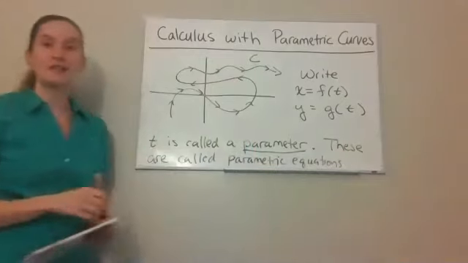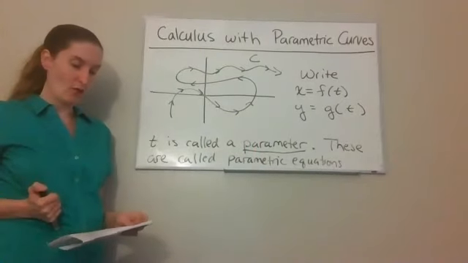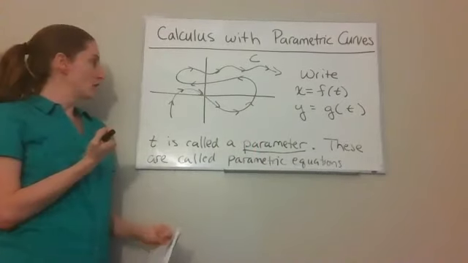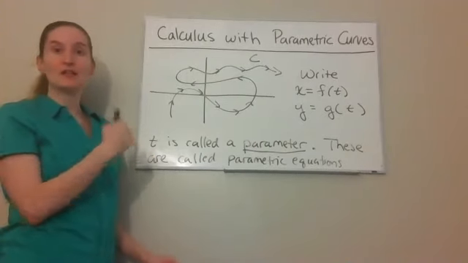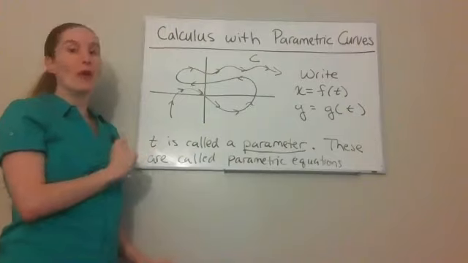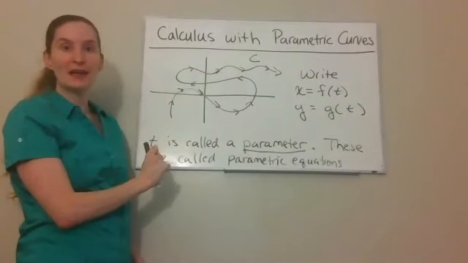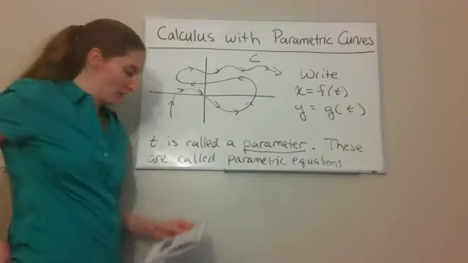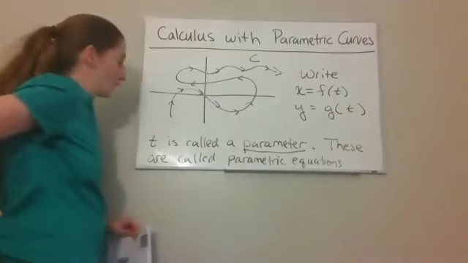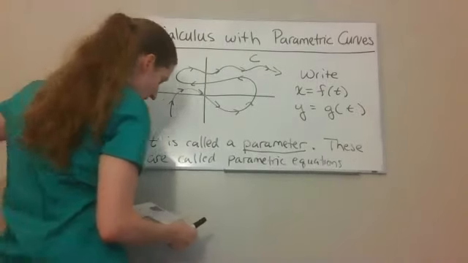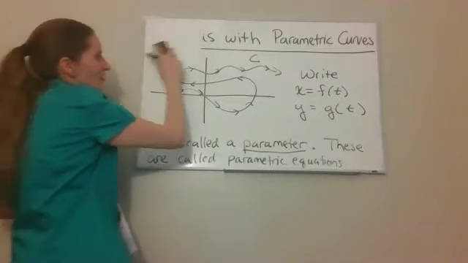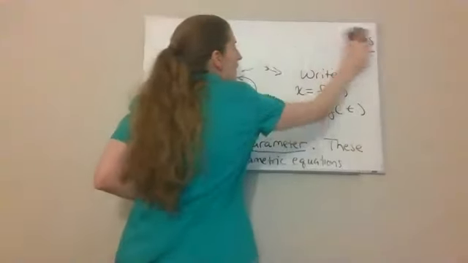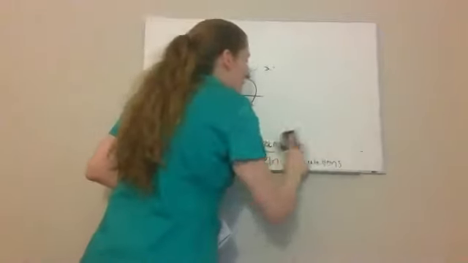So you can think of this t as time, as I was saying before, and each value of t determines a different xy on this curve, and as t increases, our point xy is moving in space along this path. So this type of curve is called a parametric curve, and the parameter does not have to be time, it just is a lot of the time, but the parameter can really be anything.